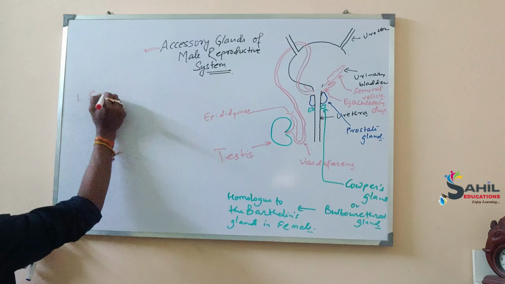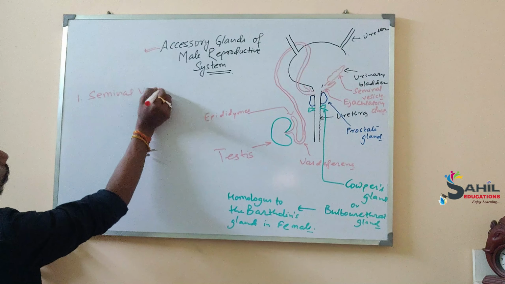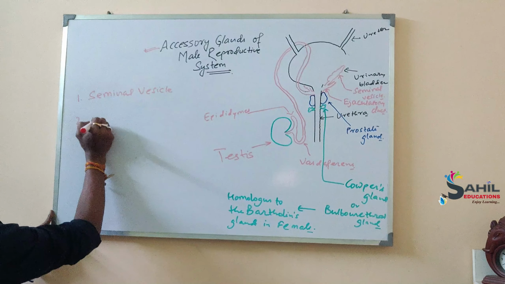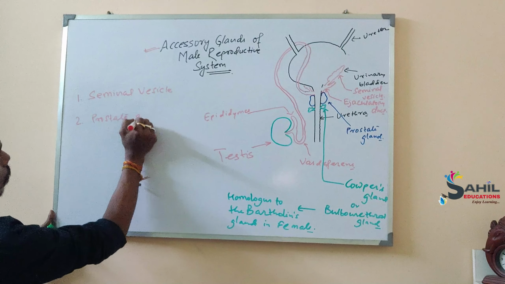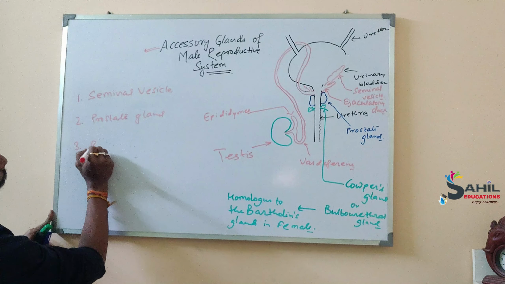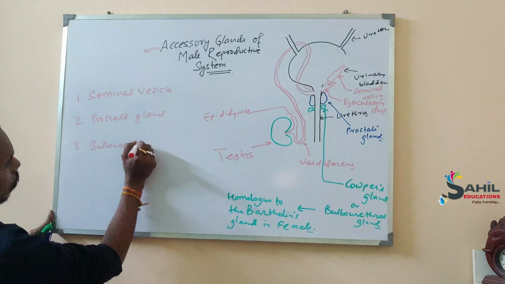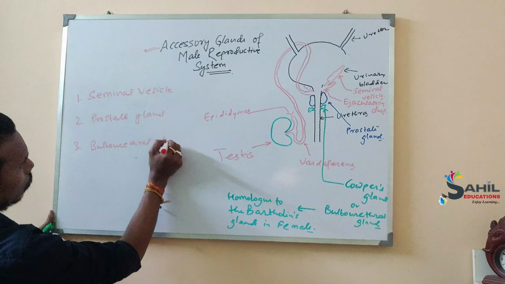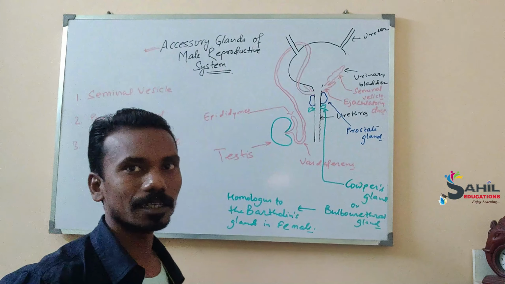One is the seminal vesicle, number two is the prostate gland, and number three is the bulbourethral gland, or Cowper's gland. It is also known as Cowper's gland.